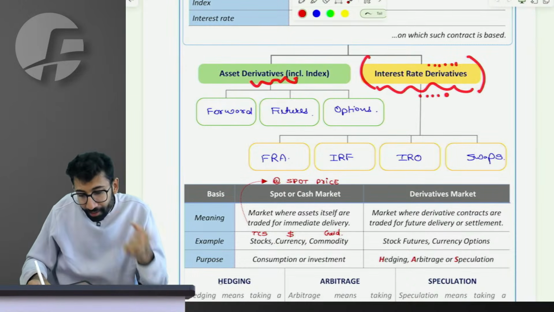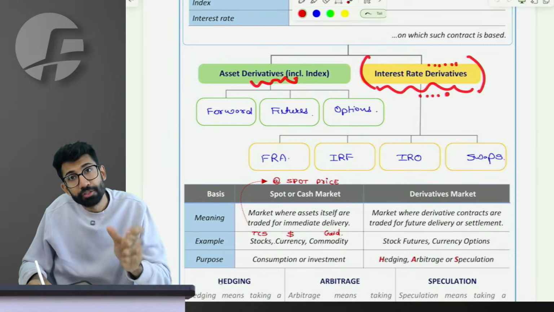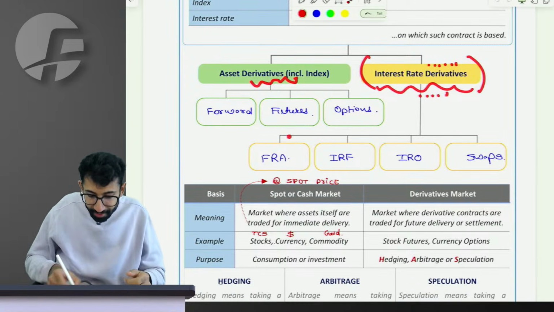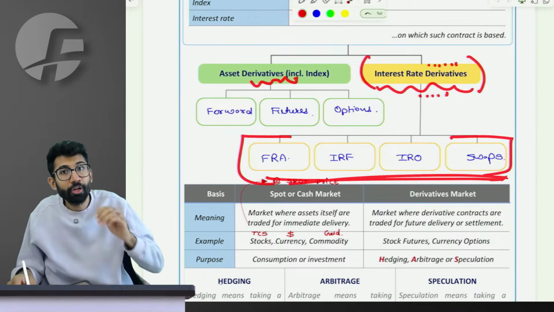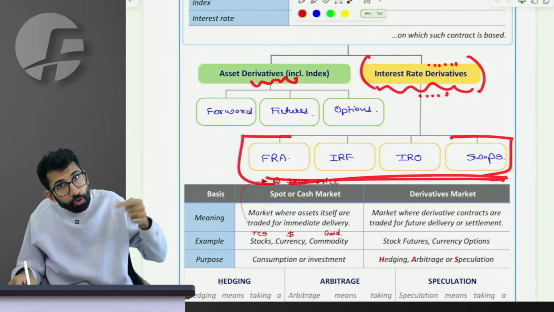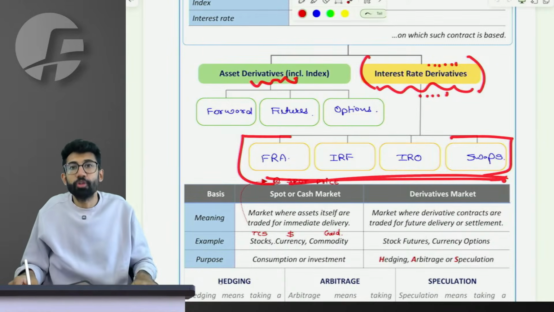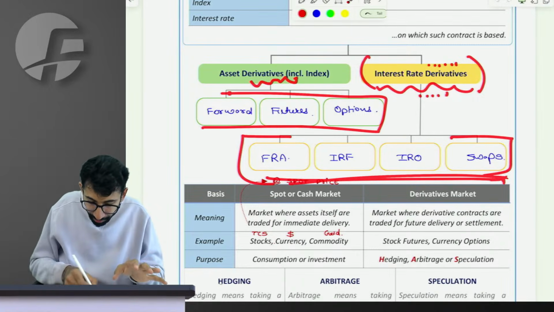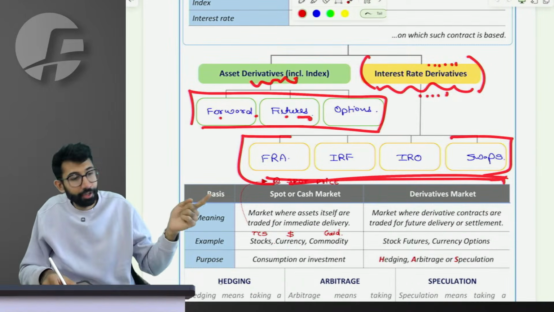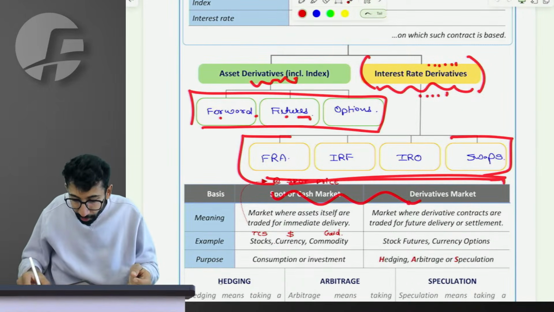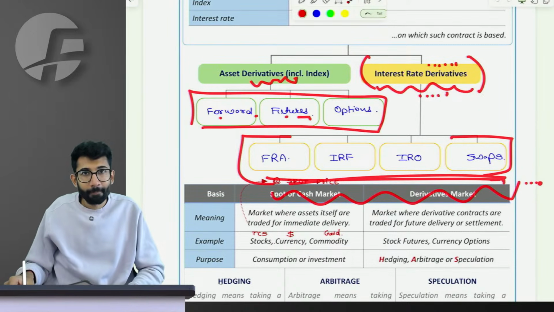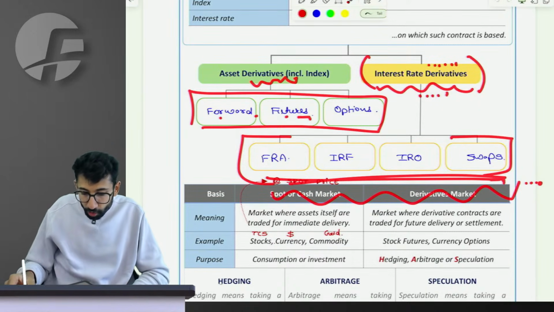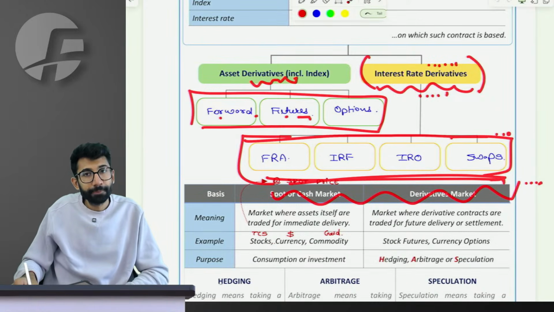The underlying here is an interest rate, which means these contracts are contracts to borrow or lend on a future date. Generally, the contracts we saw were about buying or selling on a future date. These contracts are about borrowing or lending on a future date. Yes. So what do we mean to say?